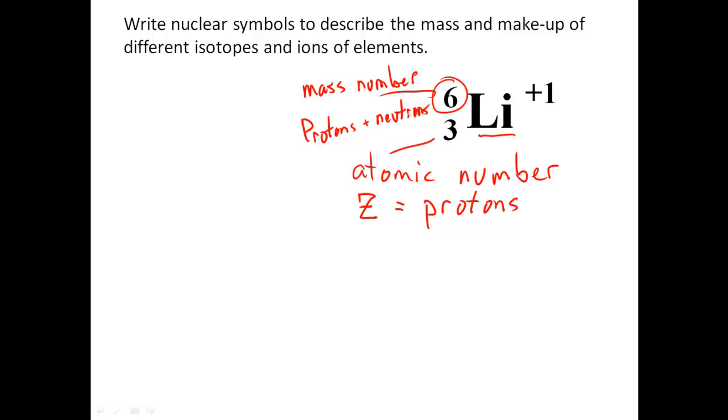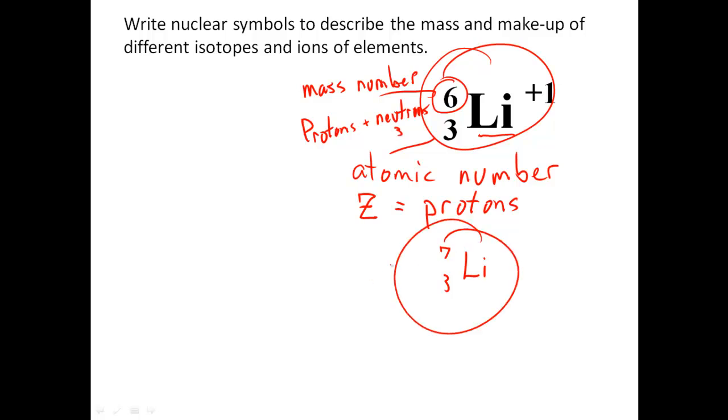So if this number is different for the same element, for example, if we have lithium with a 7 up here, it would indicate a different isotope of lithium because there would have to be a different number of neutrons. In this isotope of lithium, there are 3 neutrons.